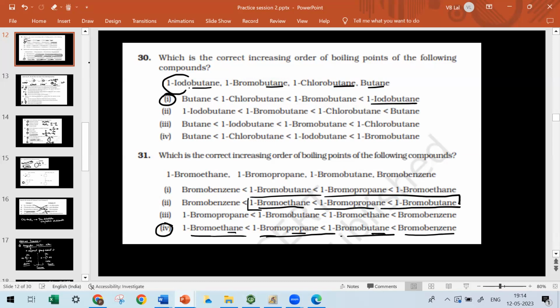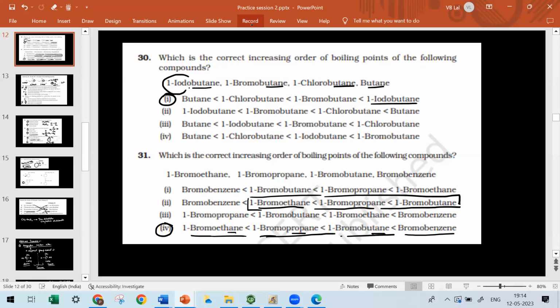So if you are looking at different alkyl halides that have the same base alkane, that is, all of them are butane, then you decide based on the size of the halogen. The halogen which is largest in size will give the highest boiling point.